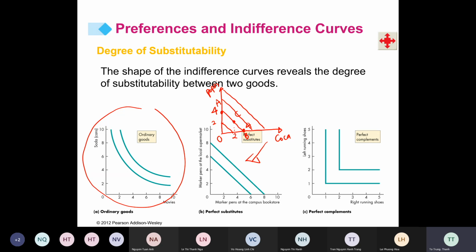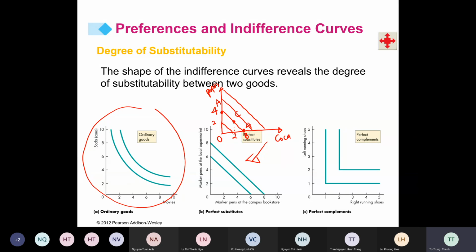So we just understood one special case when two goods are perfect substitutes. In that case, the indifference curve is a straight, downward sloping line, and the slope of this indifference curve is constant, right?